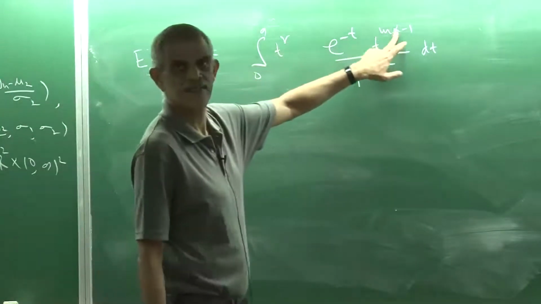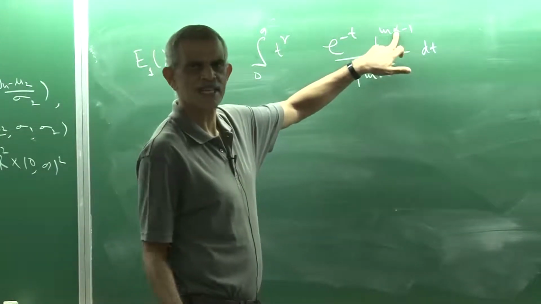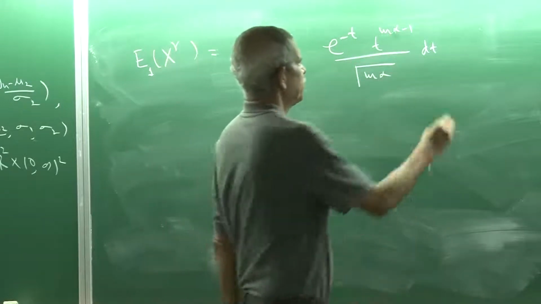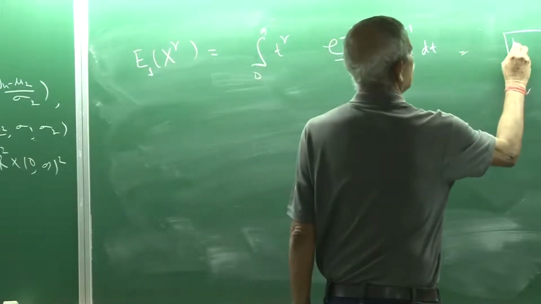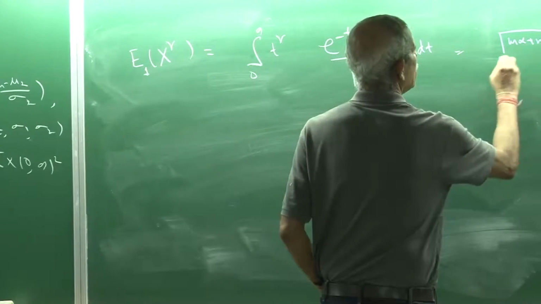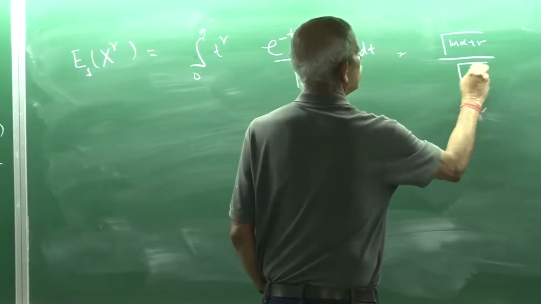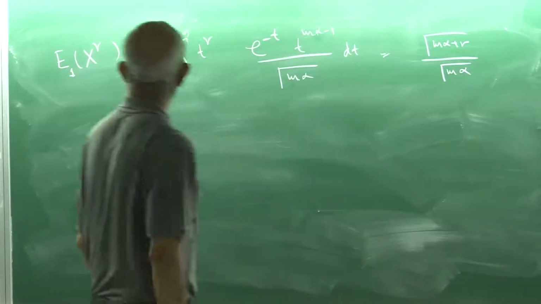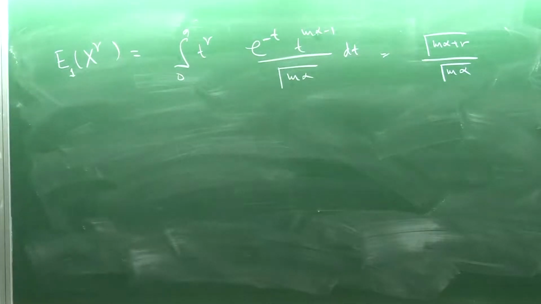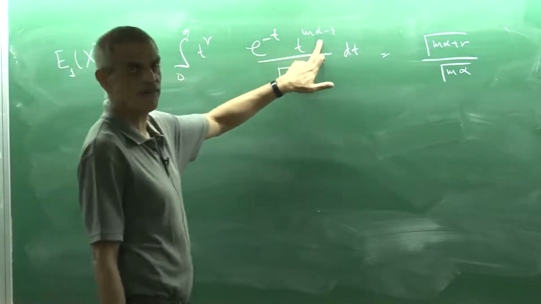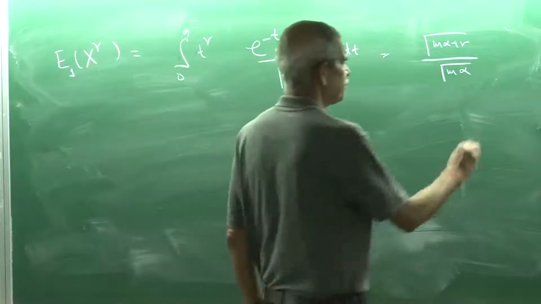This you can combine, so that itself becomes a gamma function. So this becomes gamma m alpha plus r divided by gamma m alpha. The condition I'll need is m alpha plus r greater than 0.